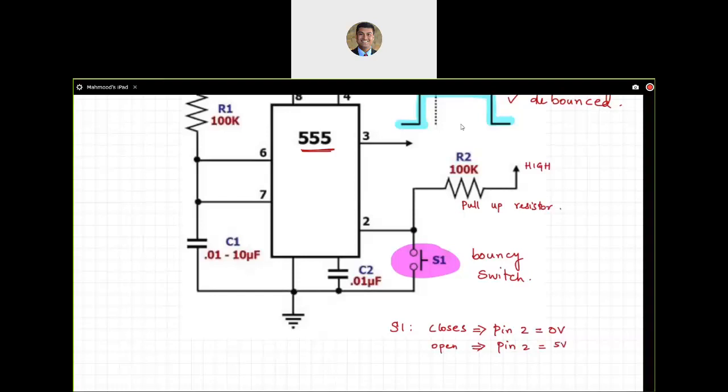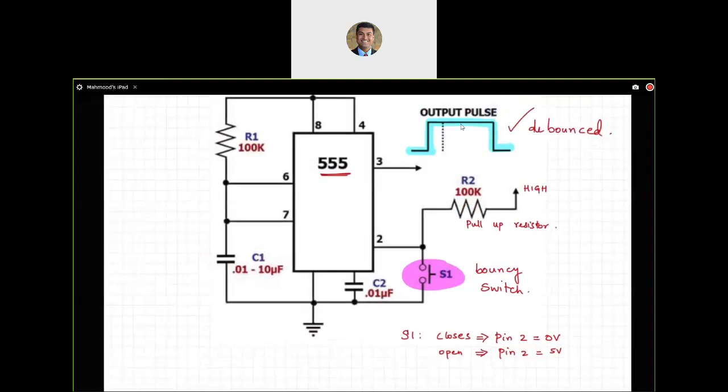So as you can see, we are either giving the pin 2 a 0 volts or 5 volts, depending on whether there is a switch pressed or not pressed. However, the goal is not to discharge the capacitor very quickly. So these two components control the time constant or the decay constant.